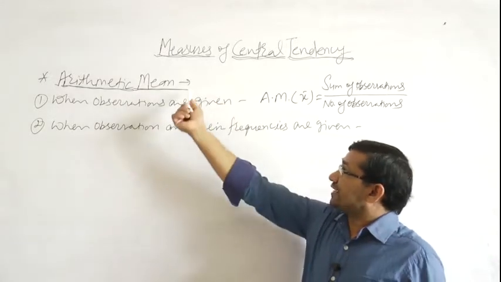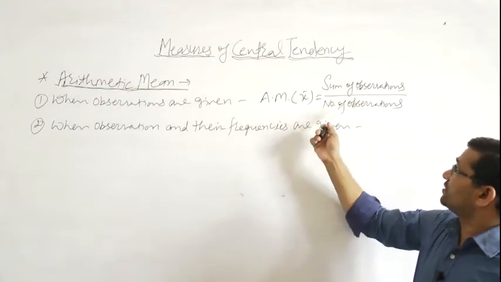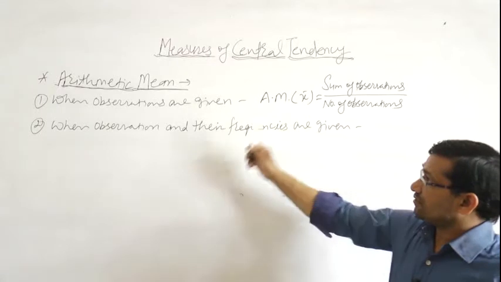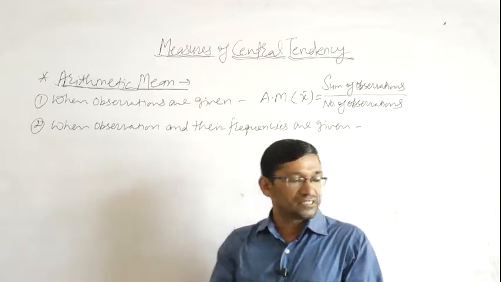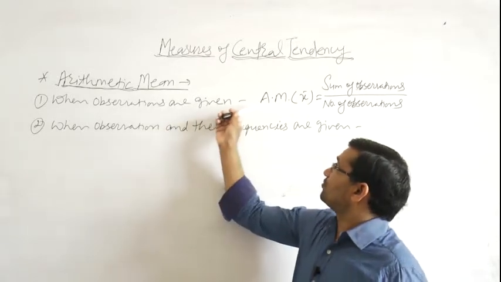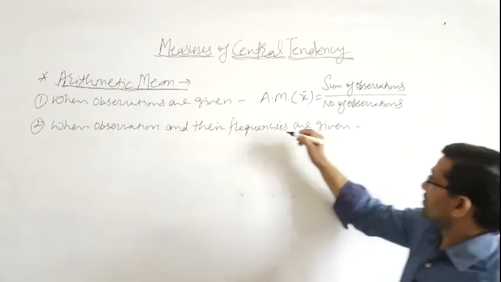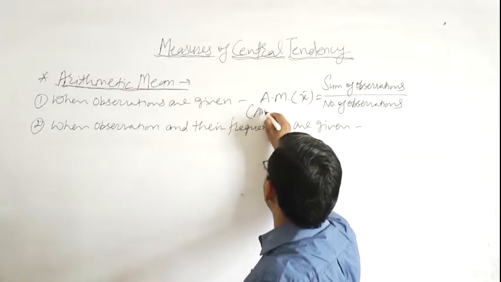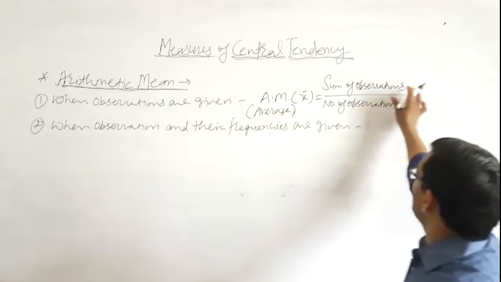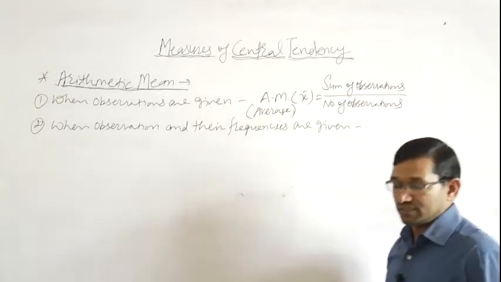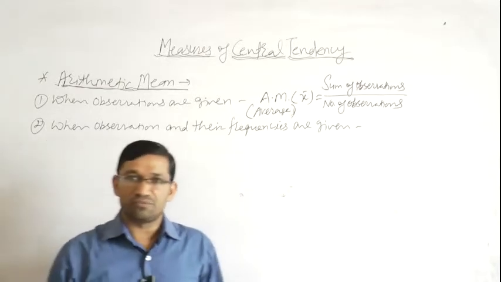In that condition we use arithmetic mean is equal to the sum of observations divided by the number of observations. With the help of this formula, we solved exercise 17.1.